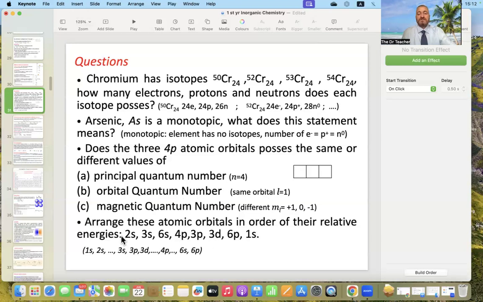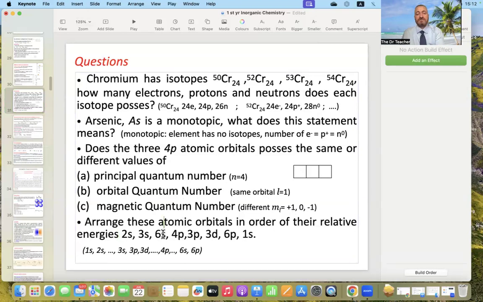Now, arrange these atomic orbitals in order of their relative energies. Here we have 2s, 3s, 6s, 4p, 3p, 3d, 6p, 1s.